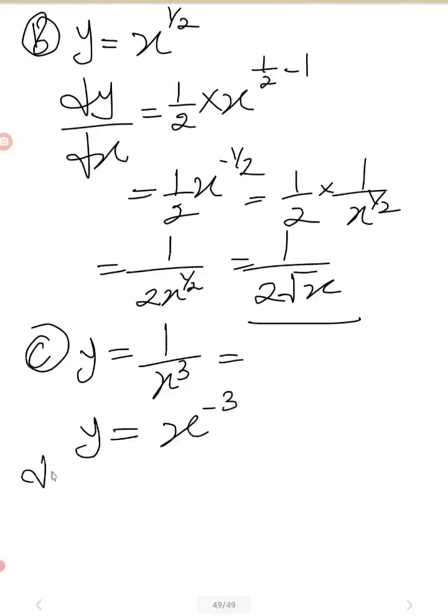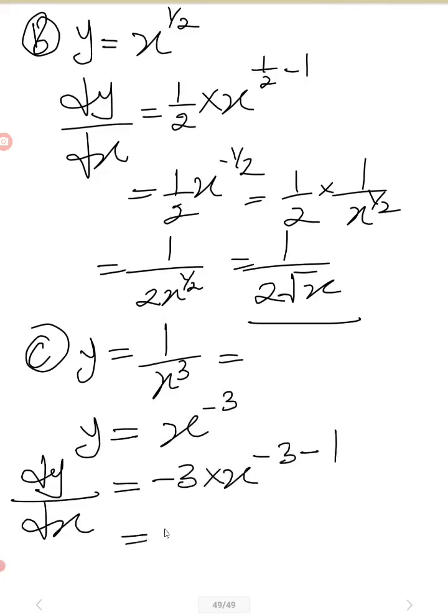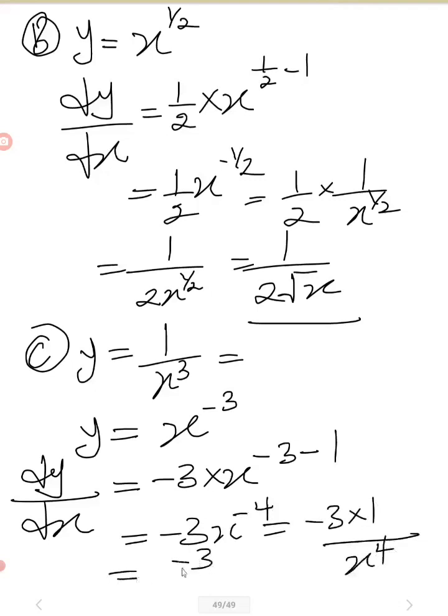So dy over dx will give you minus 3 multiplying x raised to minus 3 minus 1, which will give you minus 3x raised to minus 4. You can still rewrite to have minus 3 times 1 over x raised to power 4, which will give you minus 3 over x raised to power 4. That is the final answer for that.